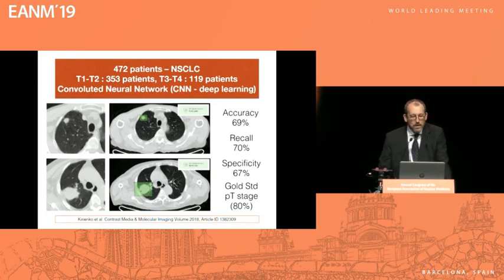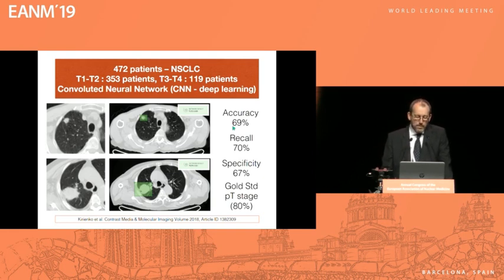And again, the group in Milan used data from PET, low-dose PET-CT, again close to 500 patients, non-small cell lung cancer, a majority of early-stage patients, and in this case, they used deep learning, a convolutional neural network, and interestingly, they combined the low-dose CT data with the PET data, because you can say, okay, this is not only PET data, but of course, we are doing PET and CT, so we've got to use everything that is at our disposal and try to extract as much information as we can.